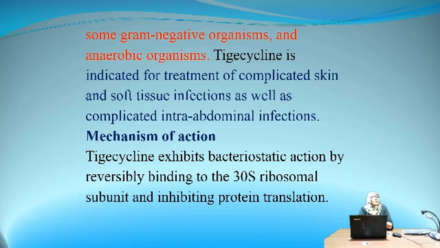Mechanism of action of tigecycline. Tigecycline exhibits bacteriostatic action. So, tigecycline is considered a bacteriostatic antibiotic. It acts by reversibly binding to the 30S ribosomal subunit and inhibiting protein translation.